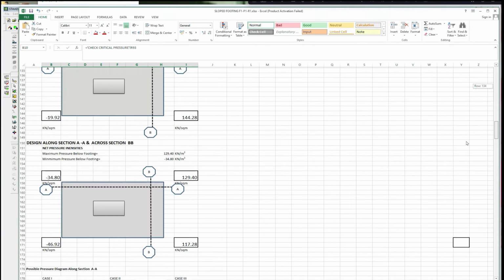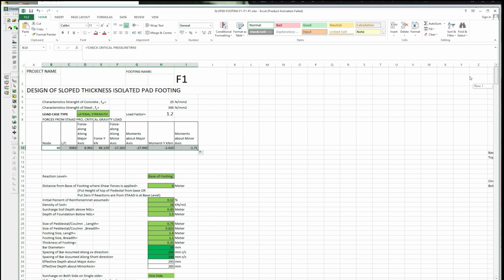So everything is safe. This is how the footings are designed, this is the F1 footing. For other footings you can term them F2 and then F3. So this is how we should proceed.